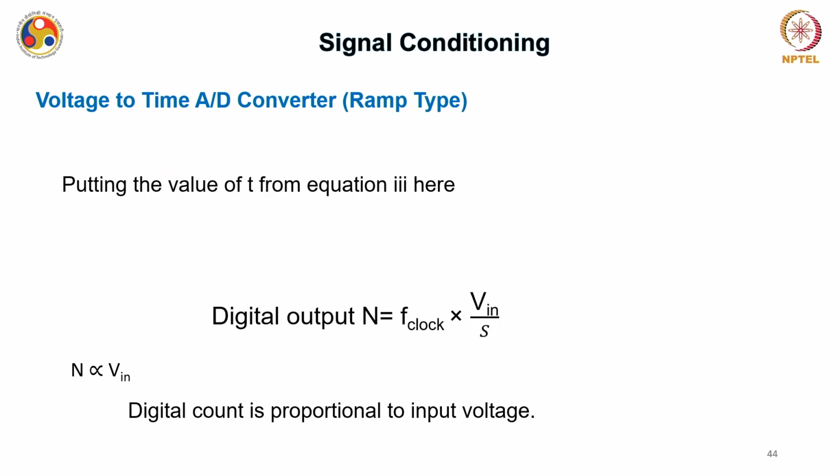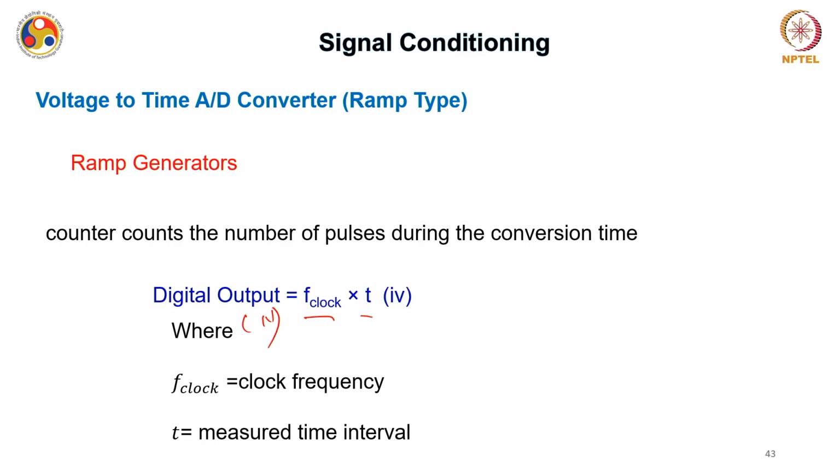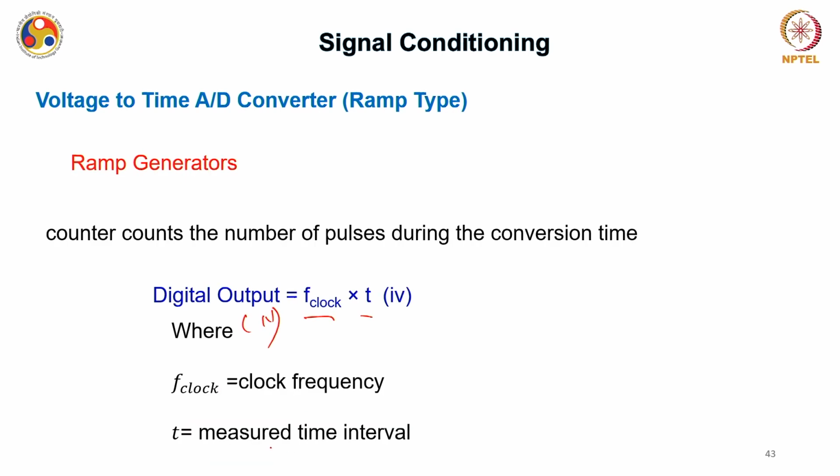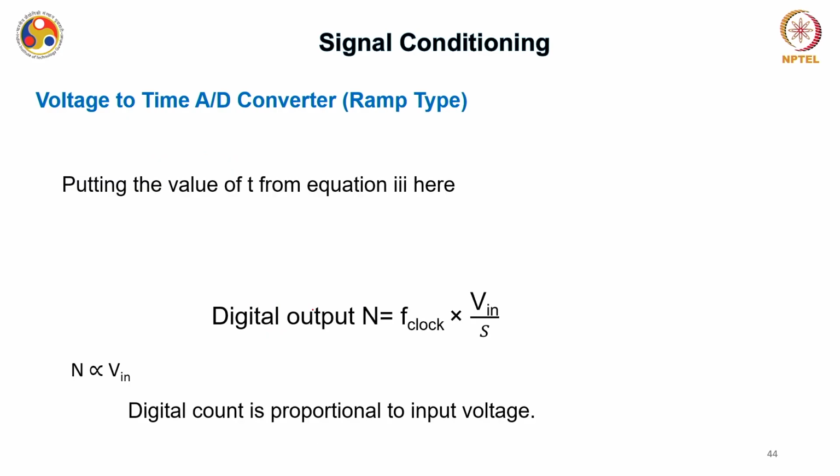Now putting the value of T from equation 3, T we have already seen is equal to Vin by S, so in equation 4 I have digital output N equal to F clock into Vin by S. From this equation, it is very clear that the digital output N is directly proportional to the input voltage.